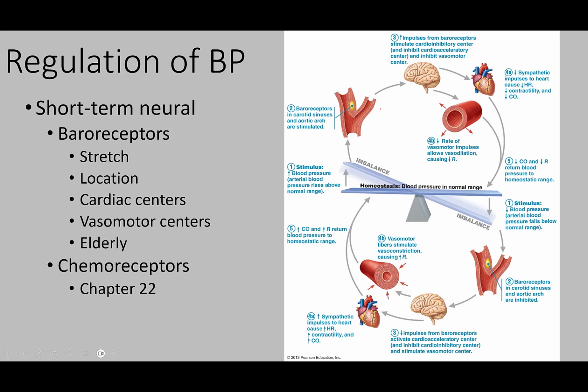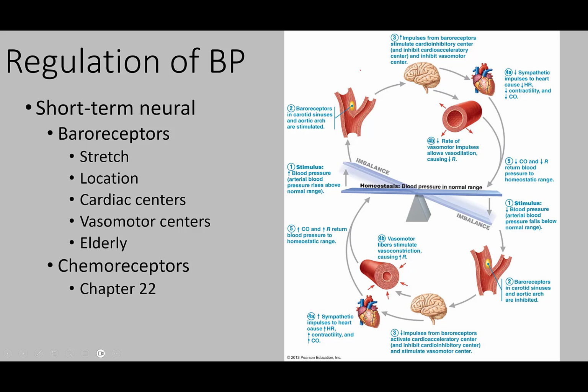Well, if your blood pressure is higher than normal, it's going to be pressing against those walls of those blood vessels. It's going to stretch them a little bit. And those nerve endings send signals to the medulla, which interprets those action potentials as, hey, my blood pressure's up, I need to do something about it.